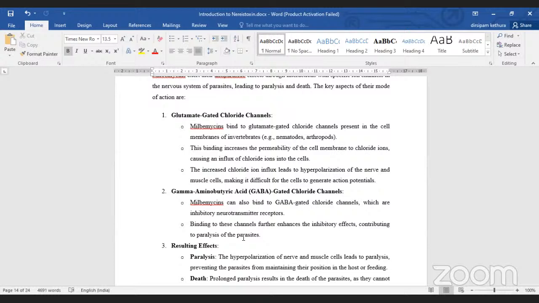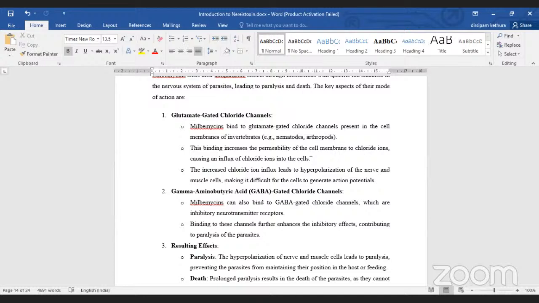When the milbemycin binds to the glutamate-gated chloride channel, this increases the permeability of the cell membrane to chloride ions and causes the influx of chloride ions into the cells. The increased chloride ion influx leads to hyperpolarization of the nerve and muscle cells, making it too difficult for the cells to generate action potentials.